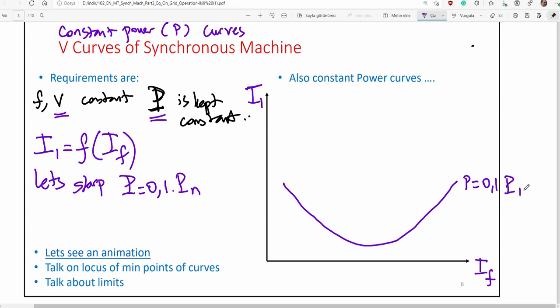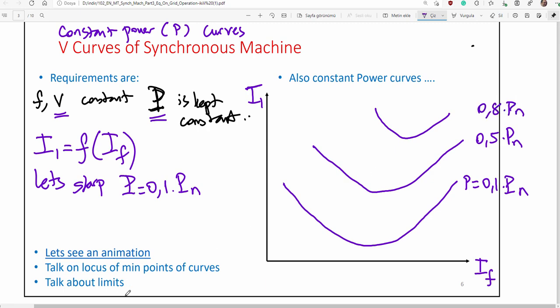Power is 10% of its rated power, and then 50% of its rated power, and then 0.8 of rated power.